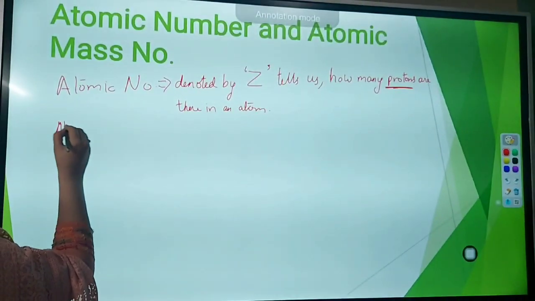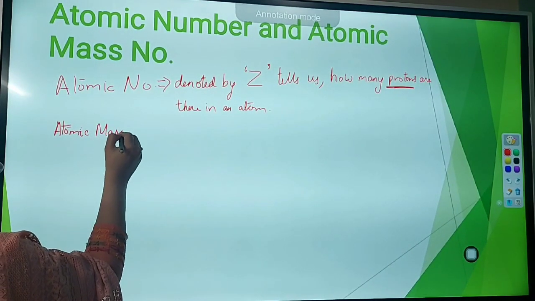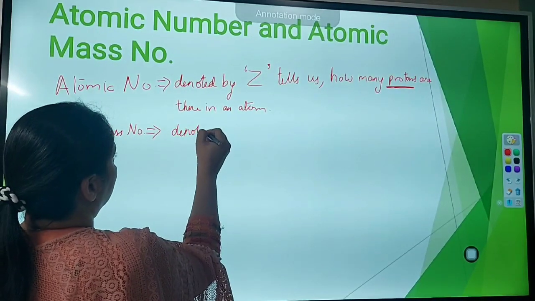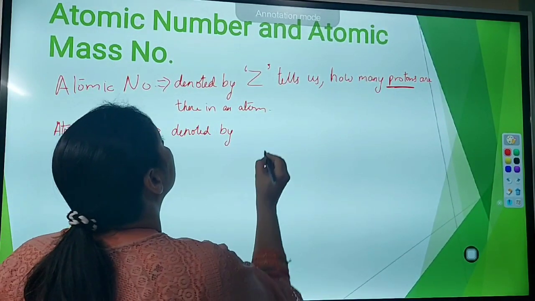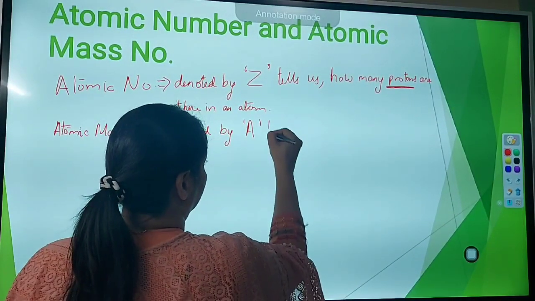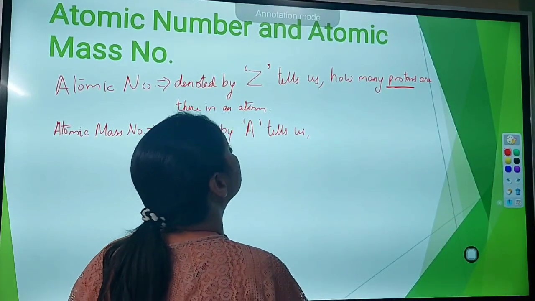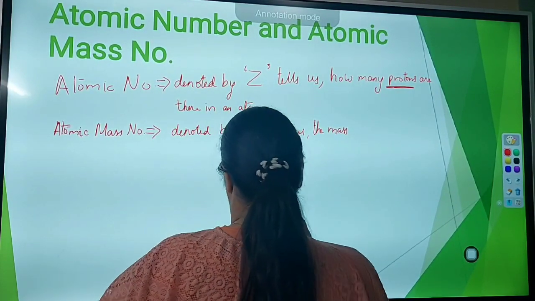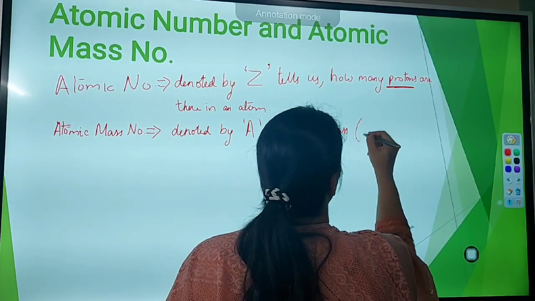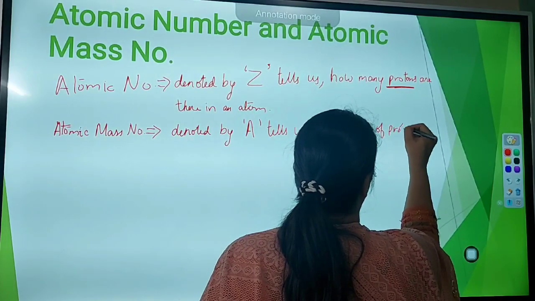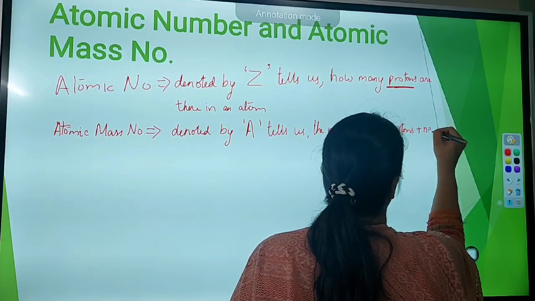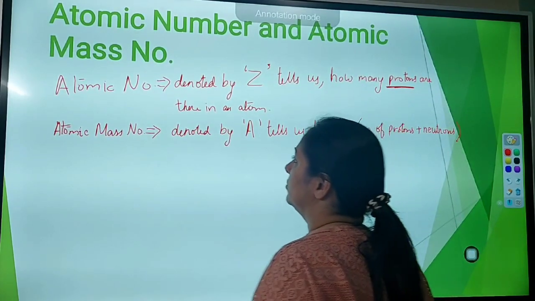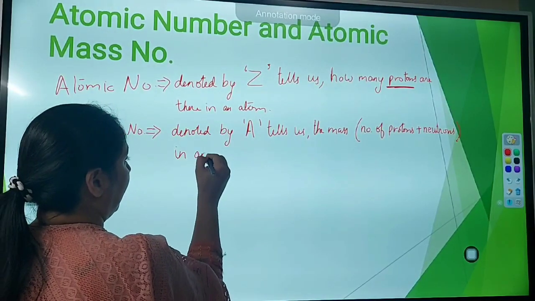Atomic mass number, denoted by A, tells us the mass, which is the number of protons plus neutrons in an atom.